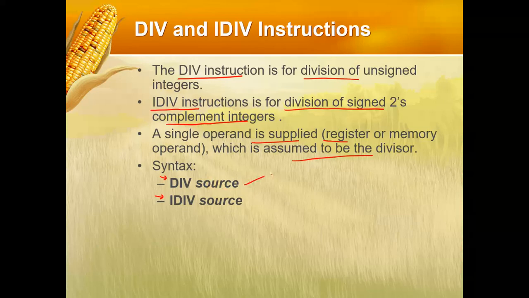The source operand can be either a register or memory operand. DIV is normally used for unsigned numbers, and the IDIV instruction is used for signed numbers.